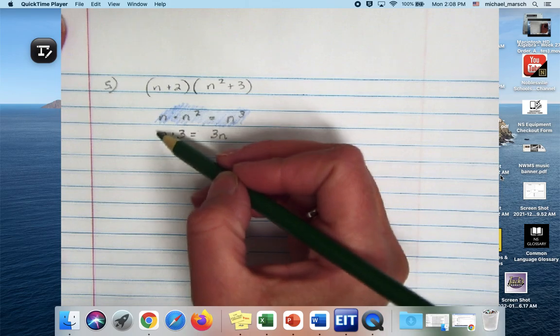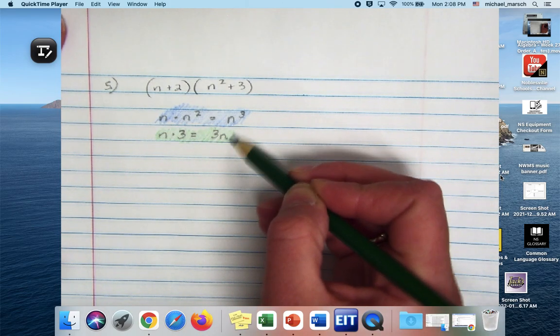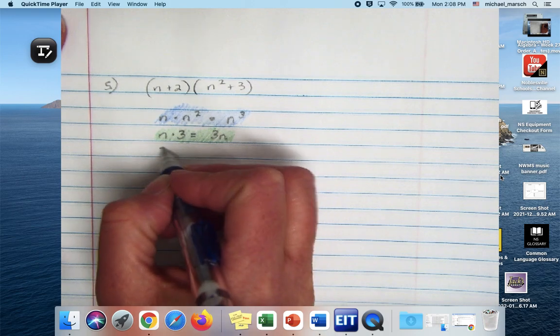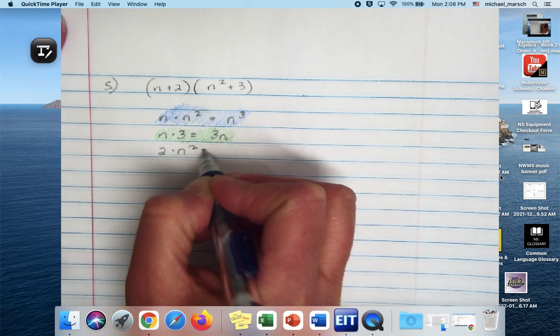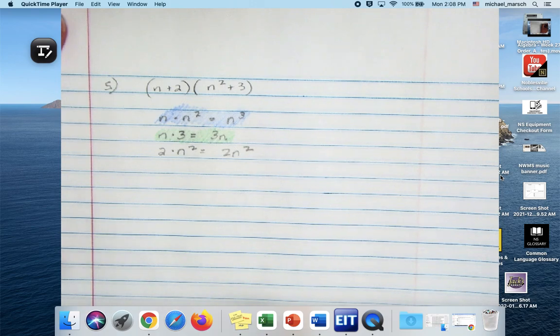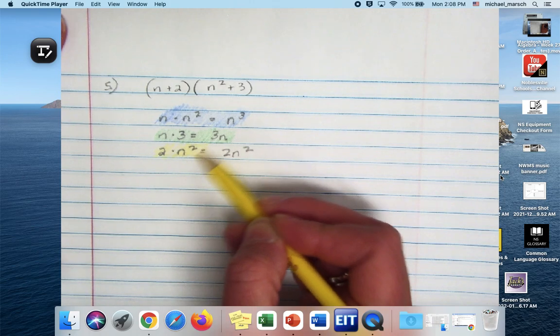Outer is going to be n times 3, gives me 3n. Inner is 2 times n squared, which gives me 2n squared.